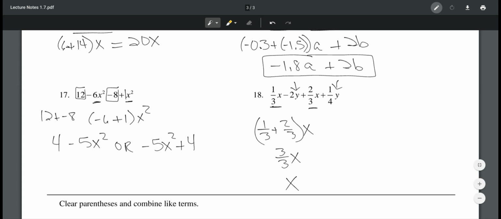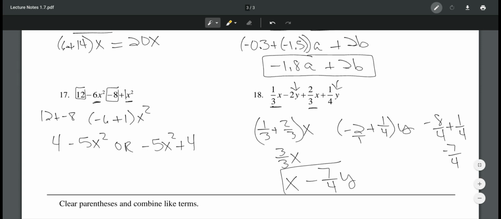And then for the second, the y's, I should be thinking negative 2 plus 1/4 y. I need a common denominator, so that would be negative 8 over 4 plus 1/4, which is negative 7 over 4. So I end up with negative 7/4 y as my final answer for number 18.